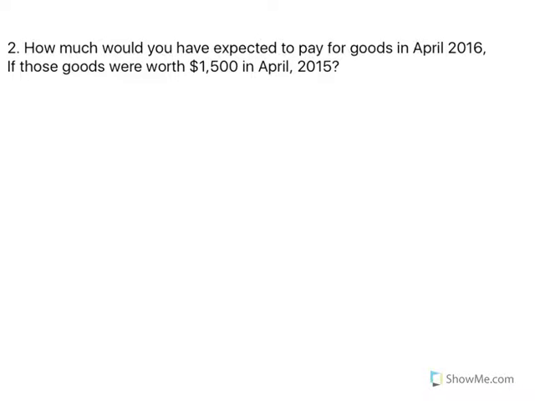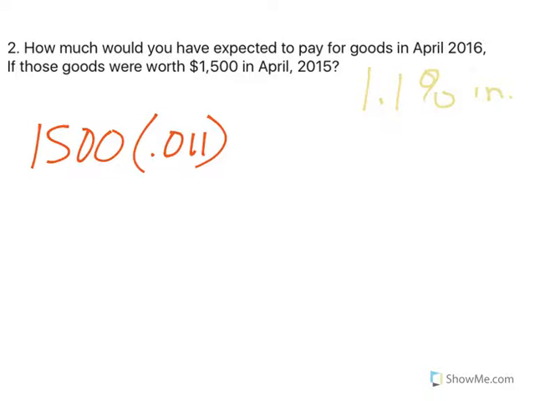Now, number two, how much would you have expected to pay for goods in April 2016 if those goods were worth $1,500 in April 2015? Now, we could set this up as a proportion like we did in the past, but we know there was a 1.1% increase. So if I take $1,500 and multiply by 0.011, because that's 1.1%, I end up with 16.5, right?